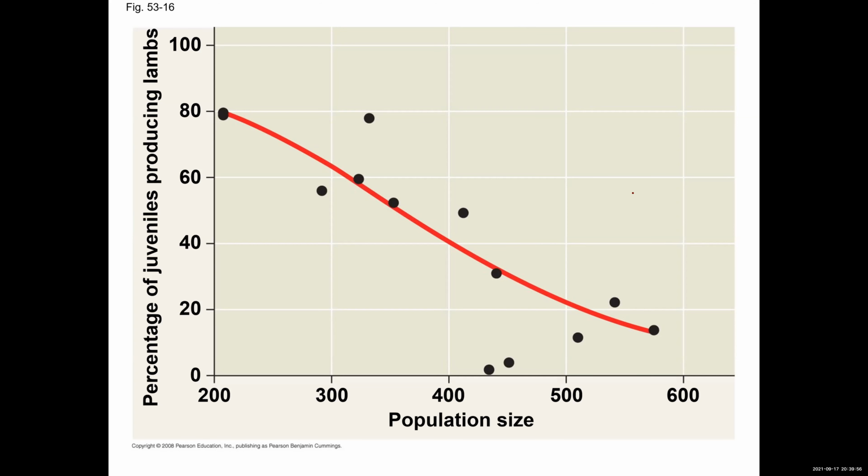So when we have a very low population size of only 200 sheep, 80% of the females are going to become sexually mature in their first year. Whereas if we have 600 individuals, a higher density on the same area on the island, then less than 20% of the females will become sexually mature, right?